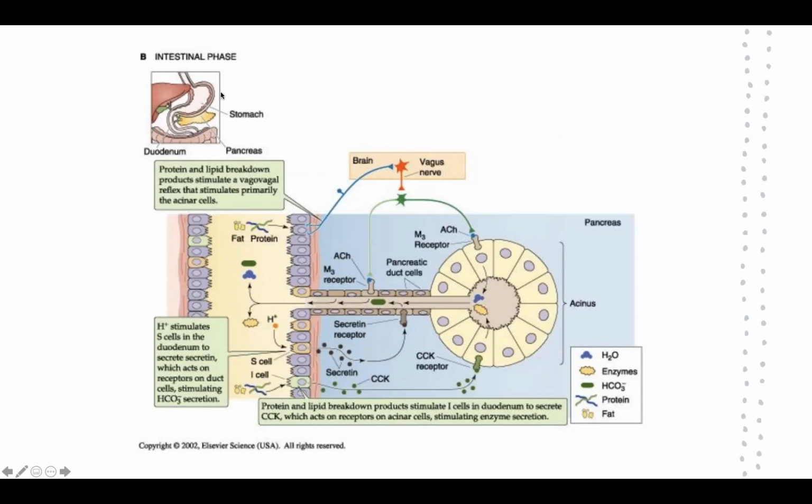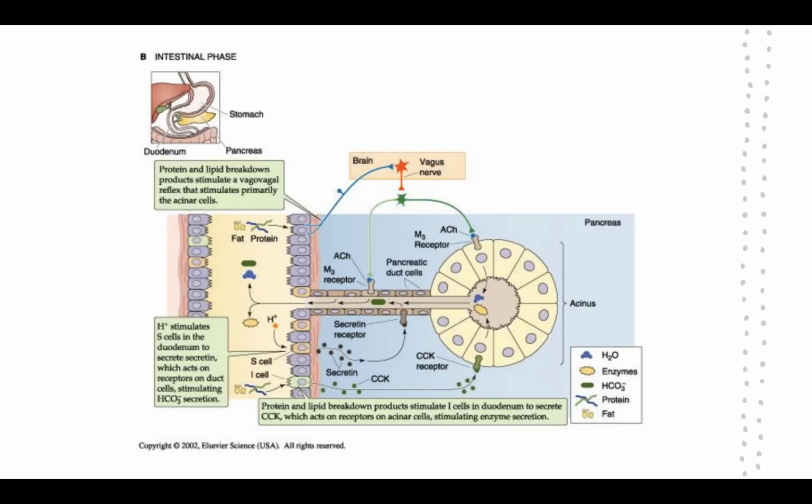The next stage is when the food is actually in our duodenum or intestine. Here we can see there is fat and protein. Fat and protein can innervate the vagus nerve and again directly interact with our pancreatic cells to release enzymes, and also directly act on our pancreatic ductal cells to release our bicarbonate solution, to make sure there is protection.